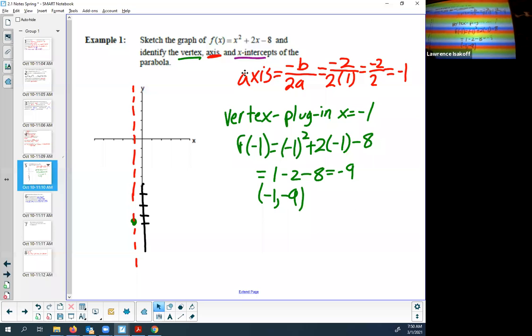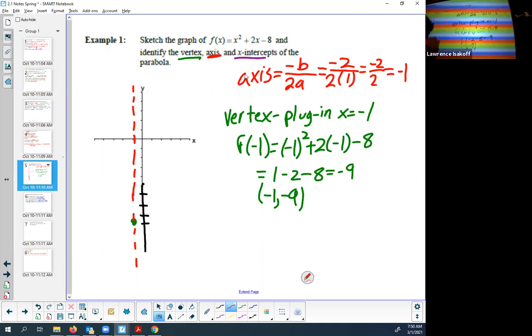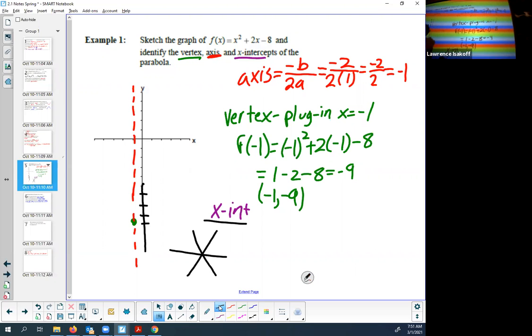Okay, now finally I need to find my x-intercepts. So I'm going to use the snowflake method to factor and solve this. Sorry, got the order backwards there. So let's start with this.